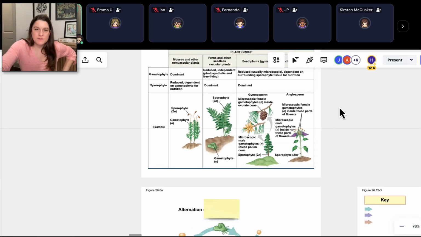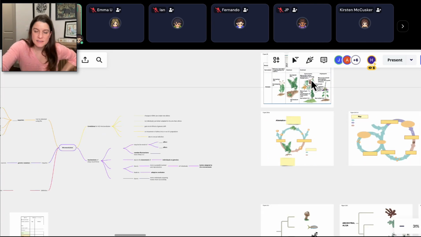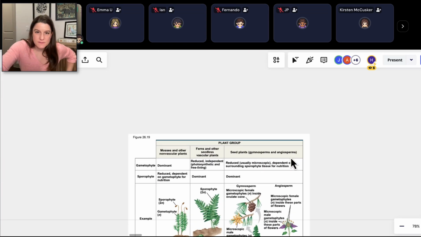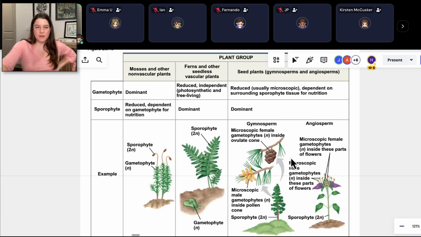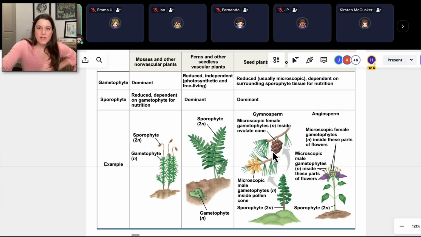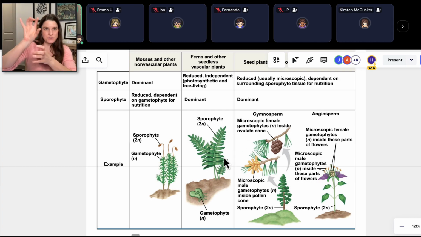With this alternation of generations, if we look at the different plant groups, I just pulled this little thing over from the notes or made a copy of it. Sporophytes and gametophytes, those are the two forms of the plants, or the two generations, but they're not always separate plants. Sometimes they are dependent on each other, like two separate entities, like in the moss, or the hornworts, those bryophyte groups.